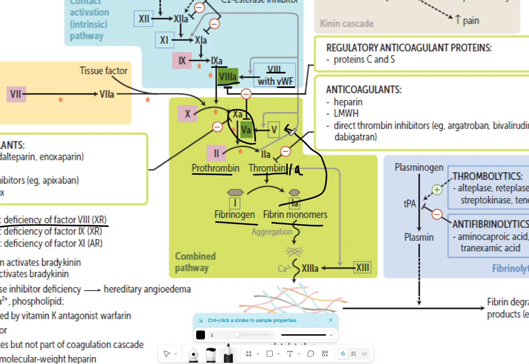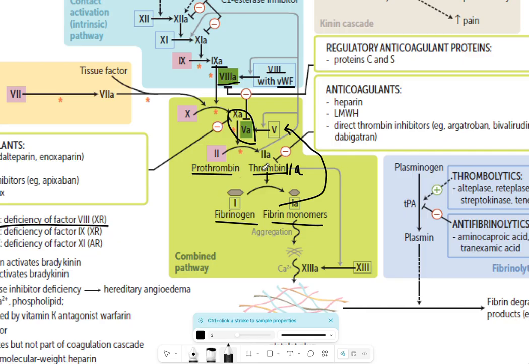And what this basically does is it starts this fibrin formation. You can remember that the thrombin amplifies its own production by activating 5 to 5A, 8 to 8A, and 13 to 13A. We'll look at 13 later on.